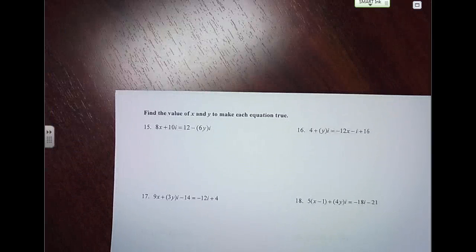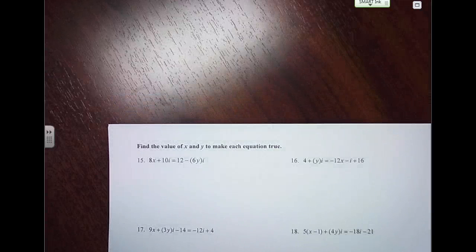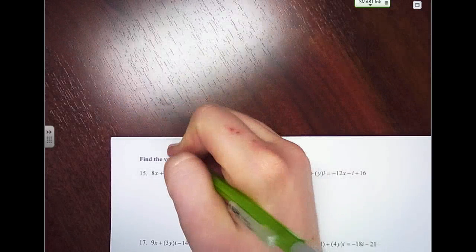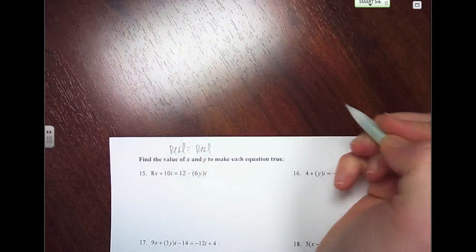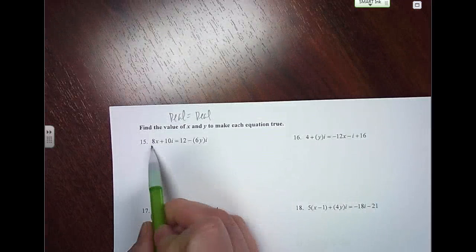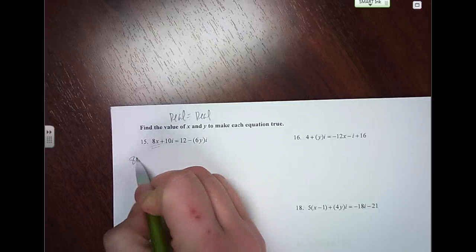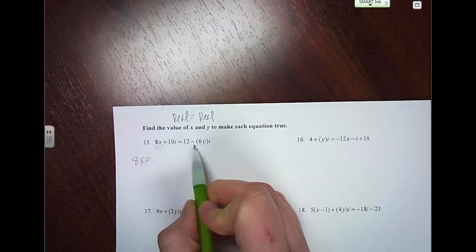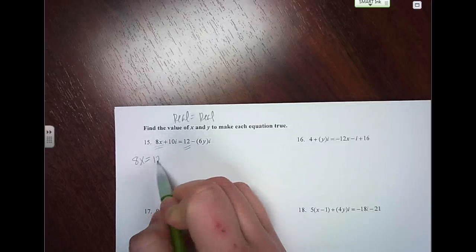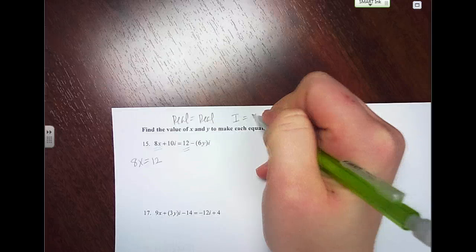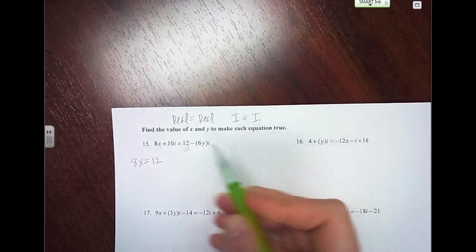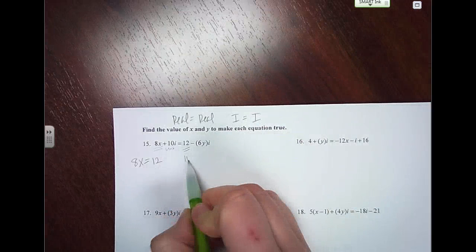Okay, number 15. So remember, on this part, you're just going to set the real parts equal to the real parts. So if I'm looking at 15, on the left-hand side, the real part would be 8x. And on the right-hand side, I have just this 12. Then I set the imaginary equal to the imaginary. So on the left, we have this 10i.